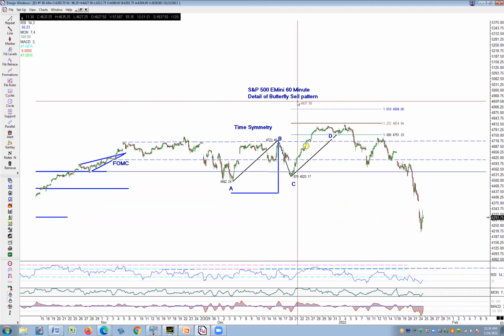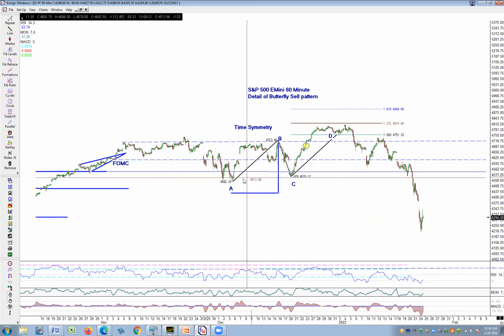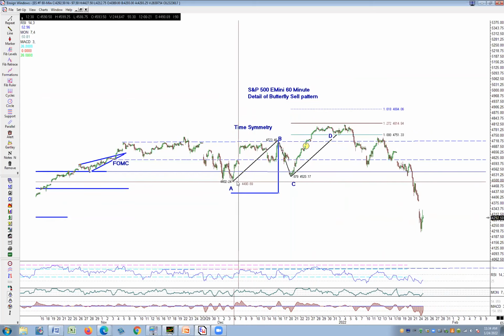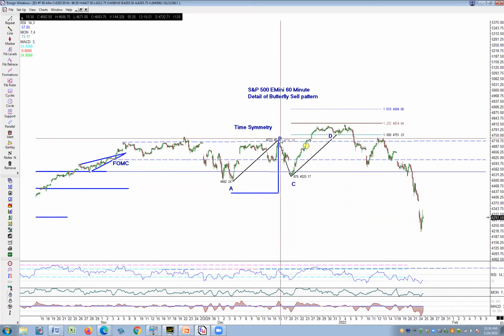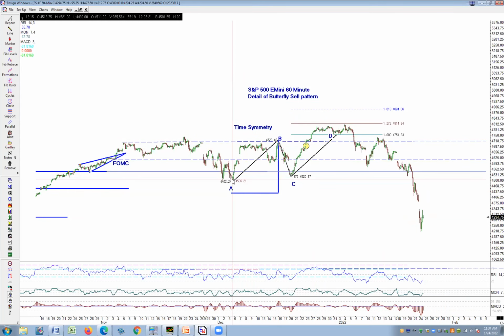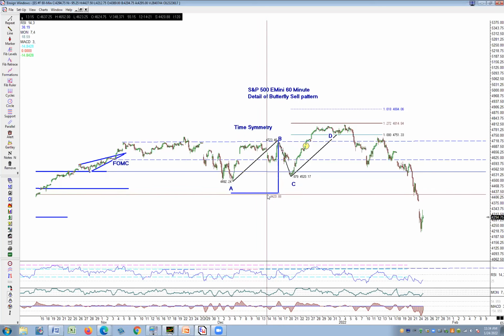Okay, so the AB leg, all I did from point A to B was take a vertical line and draw it straight down from where the B ended. And then I went to the start of the A and drew a horizontal line to meet that vertical line. And this just represents time, how much time it took for the A and B leg to form and complete.